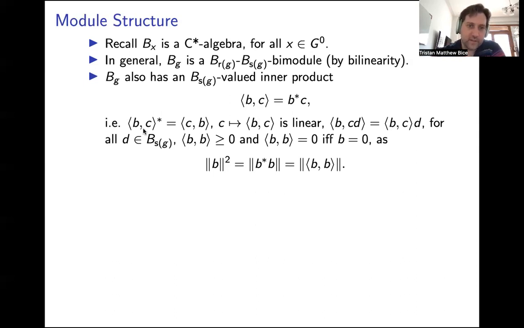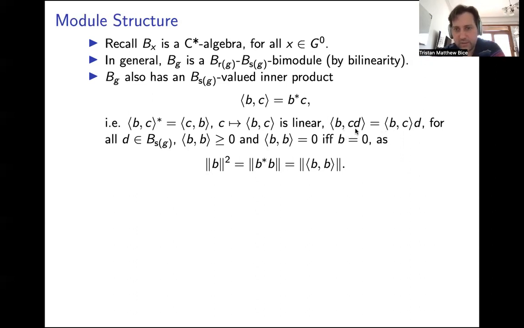It's an inner product in the sense that it satisfies all the things you're familiar with from Hilbert space theory. If you switch the order of the pair and take the inner product, this is exactly the same as taking the star of the resulting inner product. Moreover, the map from C to BC is linear, and in the other term it will be conjugate linear because it's basically composing with the star.